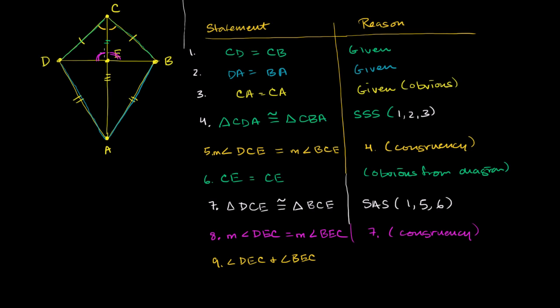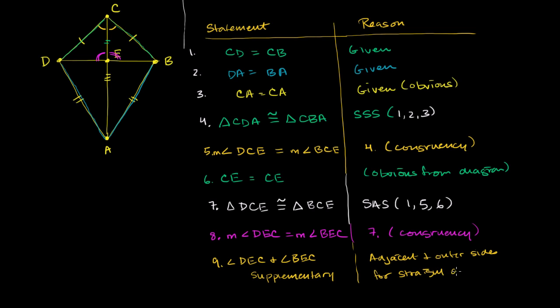You can just look at that from inspection, but I'll write it down. Supplementary, which means their measures add up to 180 degrees. And we know that because they are adjacent, and their outer sides form a straight angle.